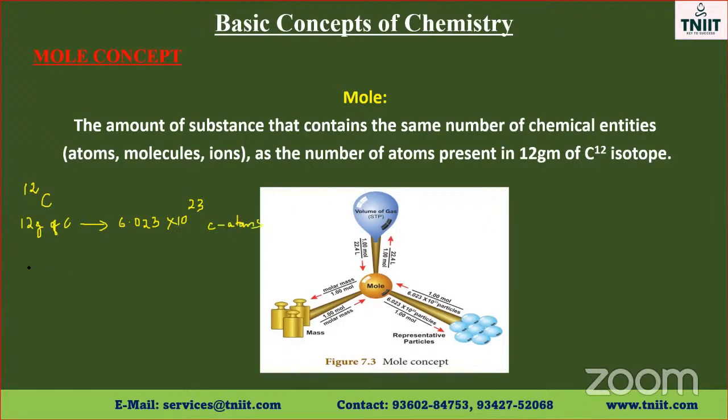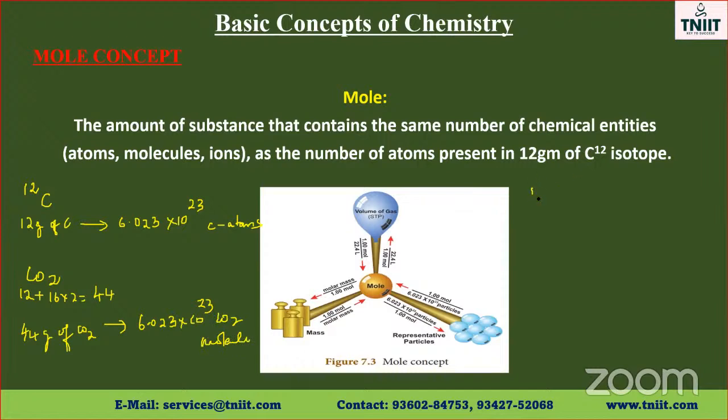Now, if we take carbon dioxide, the molecular mass is carbon 12 plus oxygen 16 into 2, that is 44. So 44 grams of carbon dioxide also will contain 6.023 into 10 to the power 23 carbon dioxide molecules.